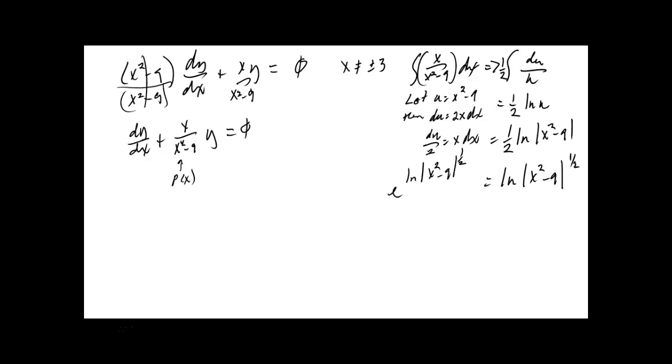And remember what that gives us. e undoes log, log undoes e. So this is merely the absolute value of x squared minus 9 to the 1/2. That's what the e is. Okay? And that is your integrating factor. All right?